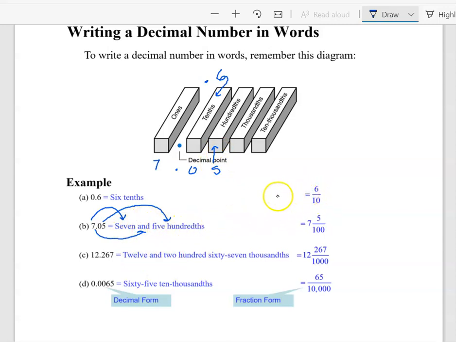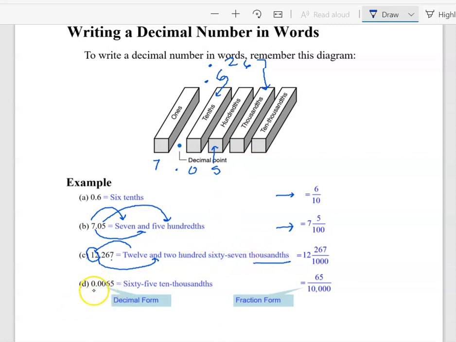If we were going to write it as a fraction, they've got it written over here. 12, right? We know this part. 12, the decimal part, is always "and," and then we've got 267. Now, how did we decide that this was the thousandths place? Well, when you write the 267, because our decimal was right here, the 7 determines what the place value is, and it's in the thousandths place.